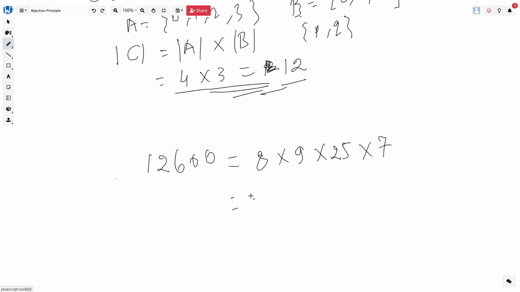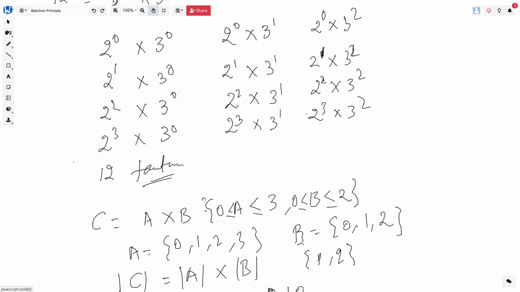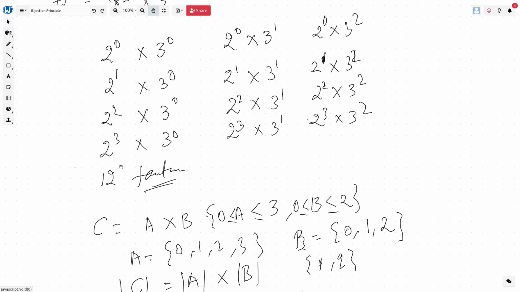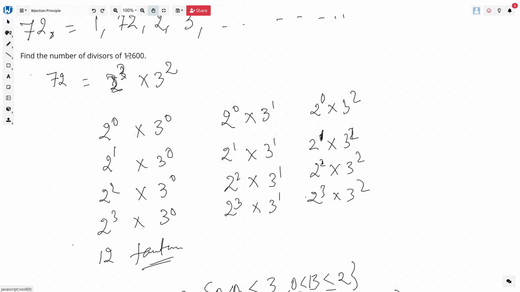So this is again nothing but 2 to the power 3 into 3 to the power 2 into 5 to the power 2 and 7 to the power 1, right? If you look closely, by the multiplication rule we have included 0 here as well. So this set will have 4 elements, this set will have 3 elements.